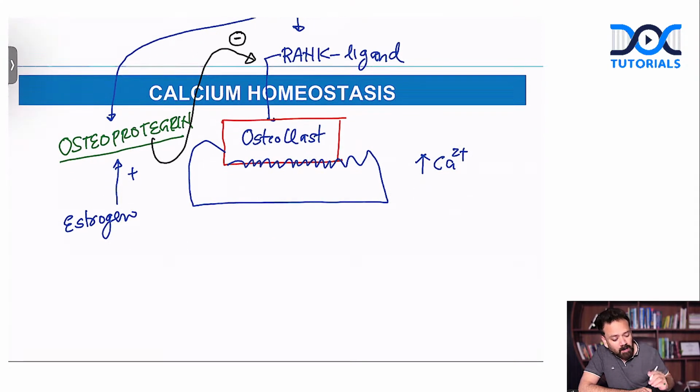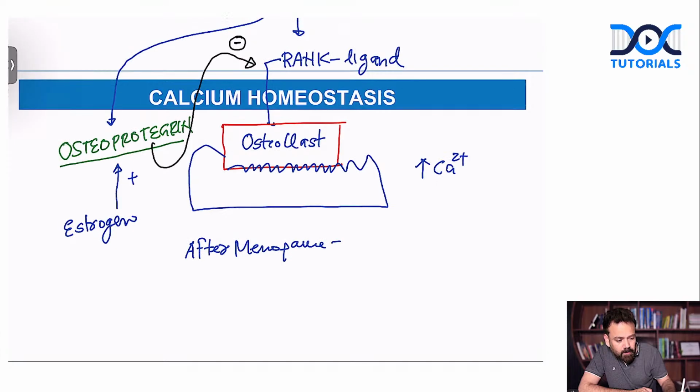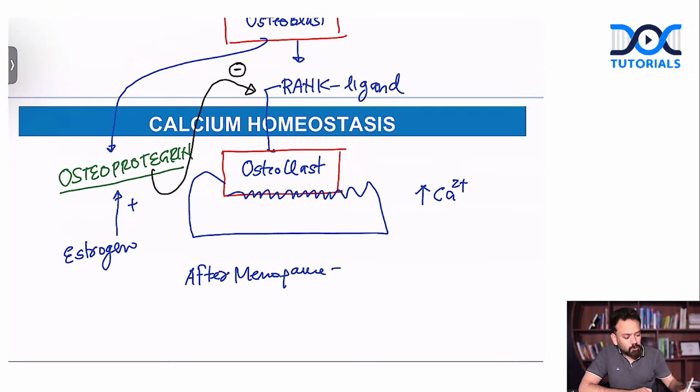That is why after menopause, what happens? After menopause, estrogen will come down. So females usually have post-menopausal osteoporosis.